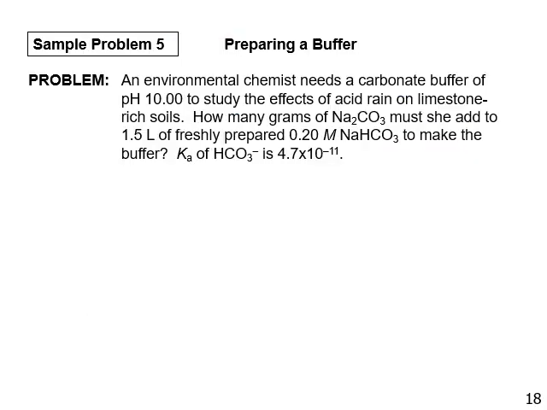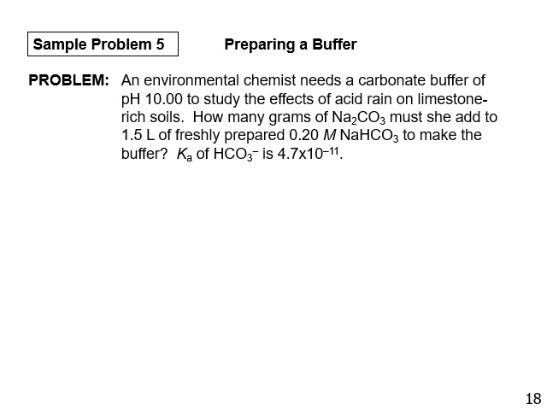Okay, so let's try a question to understand that. An environmental chemist needs a carbonate buffer of pH 10 to study the effect of acid rain on limestone rich soils. How many grams of sodium carbonate must she add to 1 liter of freshly prepared 0.2 molar sodium bicarbonate to make this buffer?